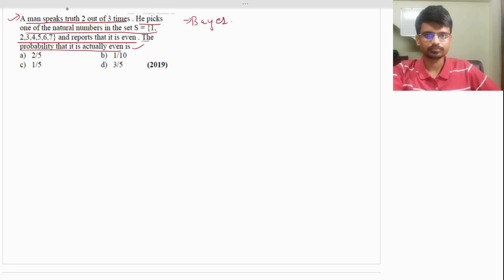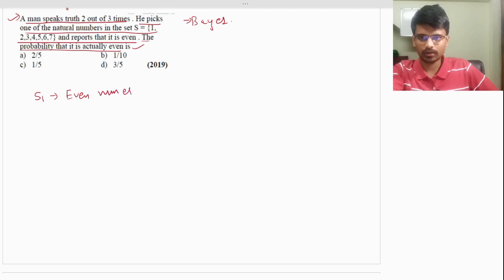Okay, looking at the question and reading, this is what is coming to my mind. I have to apply Bayes theorem concept. So let's break down to understand how we can apply Bayes theorem. Let S1 be an event that he picks an even number.